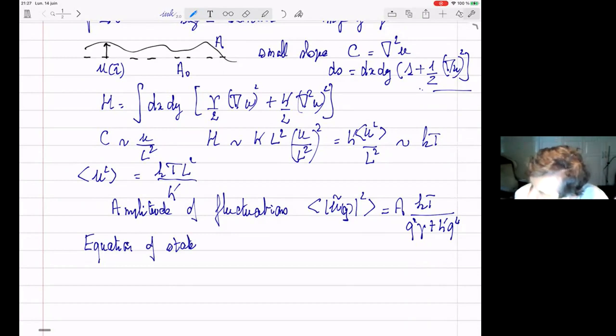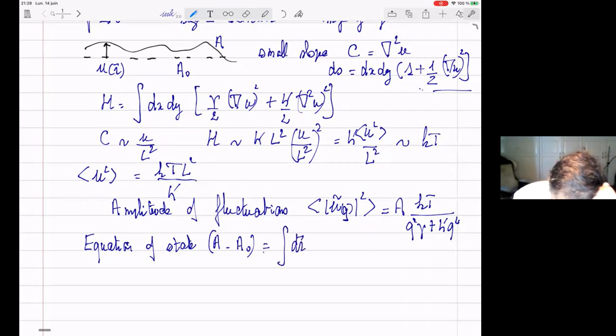A is the number of molecules that I put in the membrane, but A naught varies, and if I add tension and I pull on the membrane, A naught will change. The more I pull, the more the tension gets larger, the larger the area A naught. So the equation of state will amount to calculating A minus A naught, how much of the area goes into the fluctuation. This is simply the integral of dr of 1/2 gradient u squared.